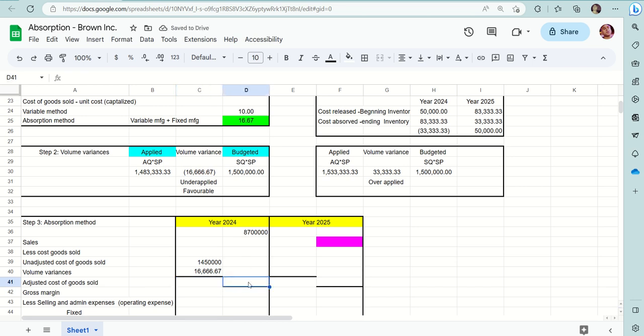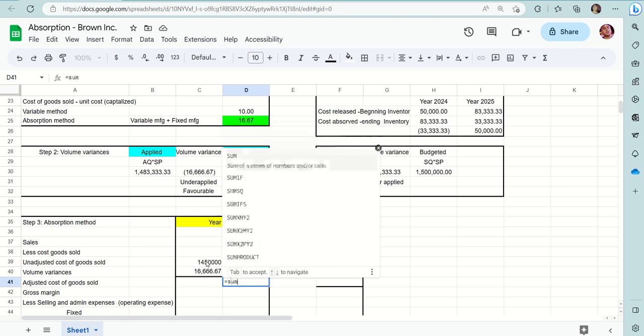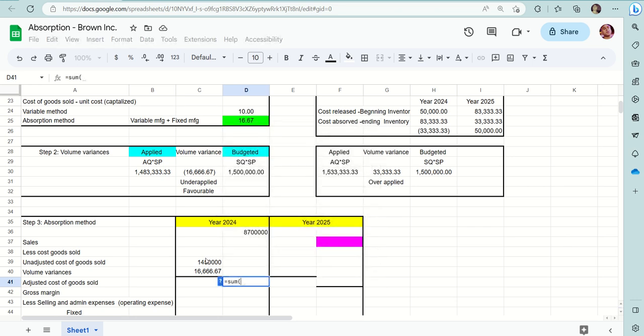Then over here, you sum these two numbers, and that would give you the adjusted cost of goods sold. You'd also need to reverse the polarity because it's an expense, right?